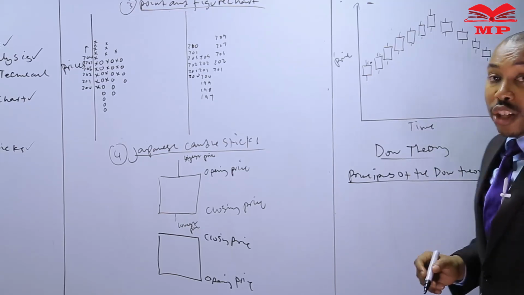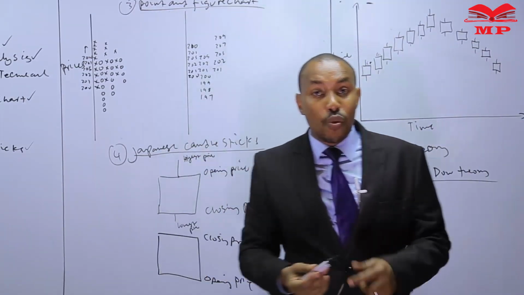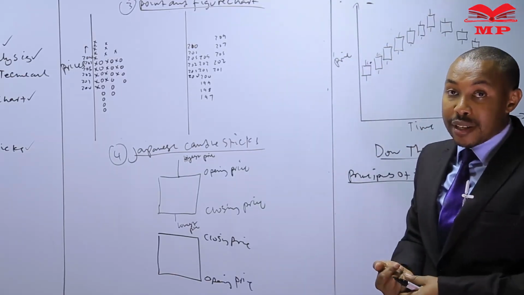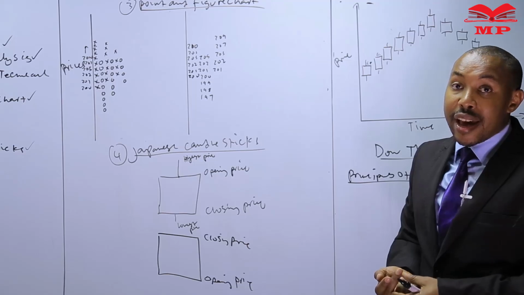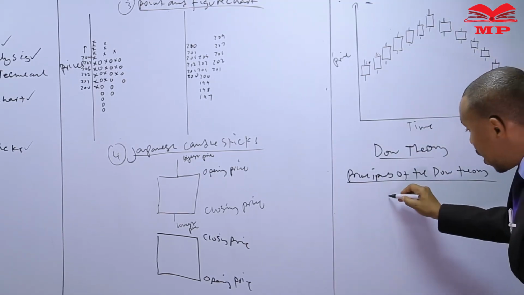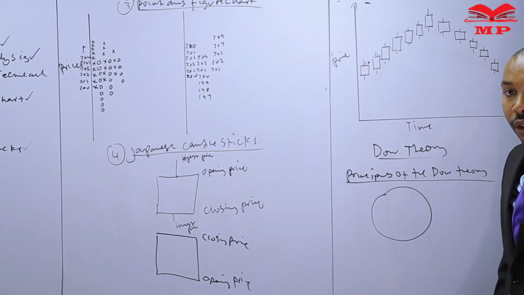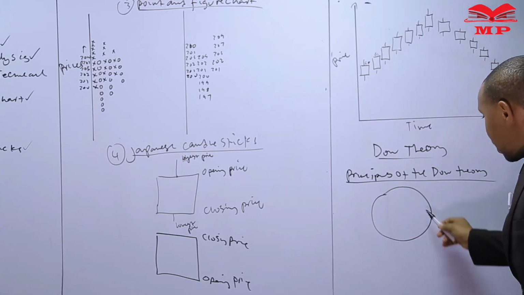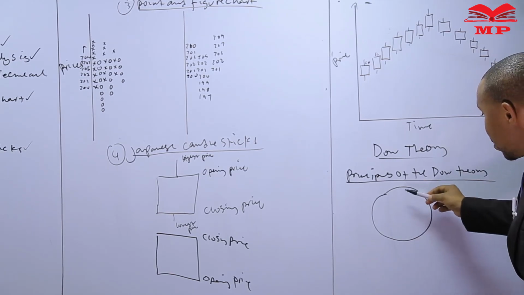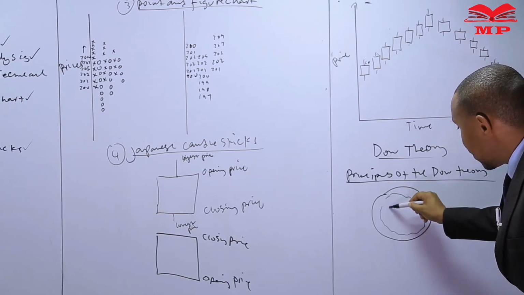Charles Dow said that the price movements of securities move in three directions: the primary trends, the secondary trends, and the minor movements. Take this example. If you have a bucket completely full of water and you hit it on the side, you will see the ripples moving towards the center.